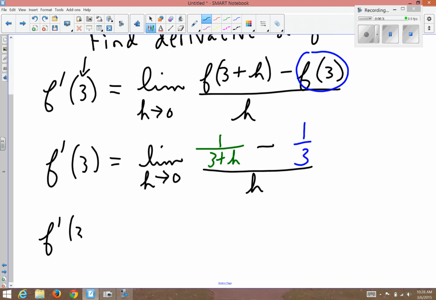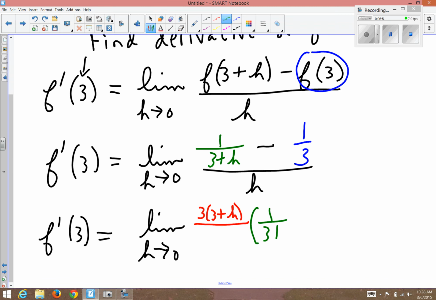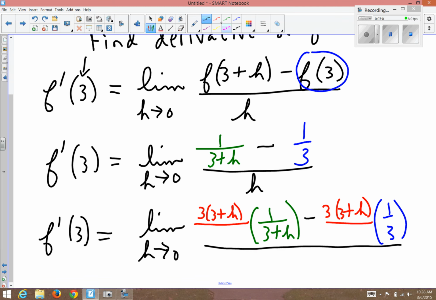The derivative at 3 equals the limit as h approaches 0. So 3 plus h is the common denominator times the green, minus 3 plus h, that's the common denominator, times the blue, all over 3 plus h times the black.